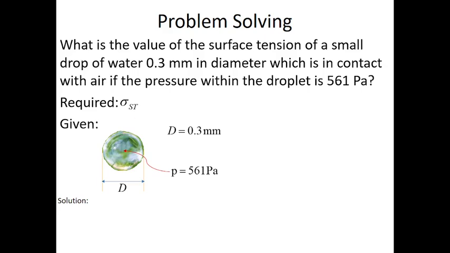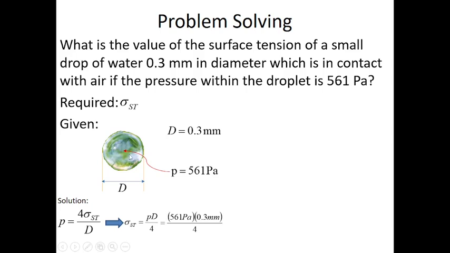Okay, so then solution. The pressure formula is 4 sigma st over d. So we have now sigma st, the coefficient of surface tension, which is simply PD over 4. And we have 561 Pascal for the pressure.